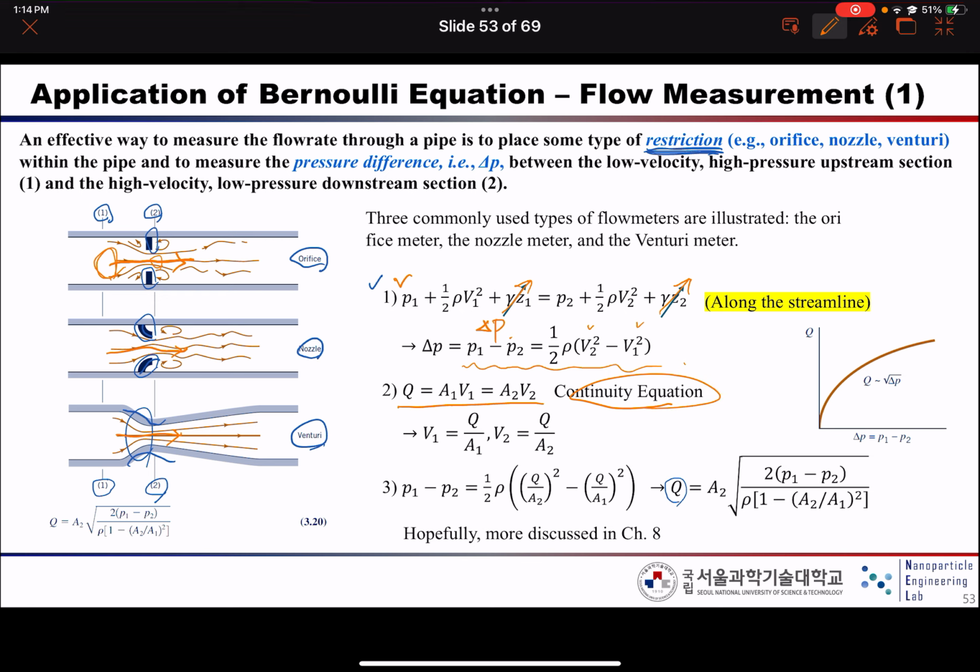With the continuity equation, we can obtain the velocity as a function of the geometrical parameters, A1 and A2, and the flow rate. So if you combine the two, you can successfully obtain the flow rate as a function of the pressure drop.